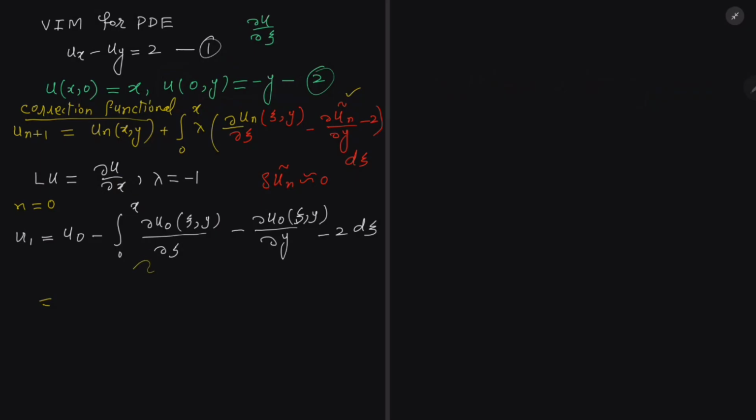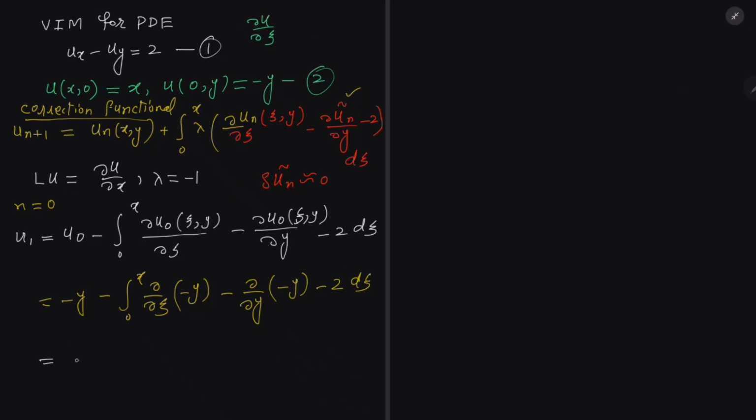We put u0 over here. This becomes minus y minus the integral from 0 to x of partial by partial xi of u0(xi, y), that will be equal to minus y minus partial by partial y of u0(xi, y), which is minus y, minus 2 d xi.